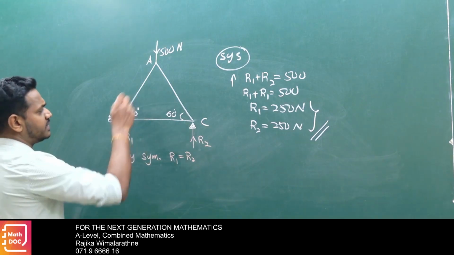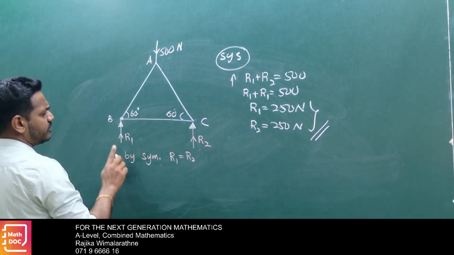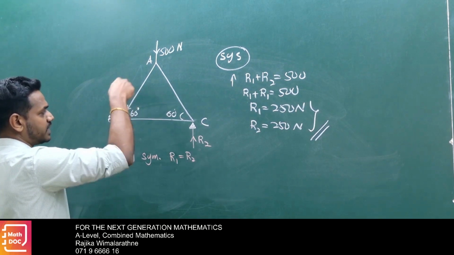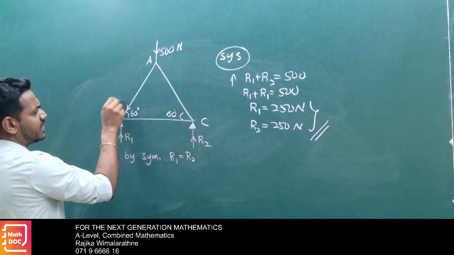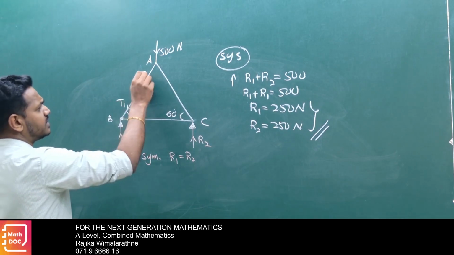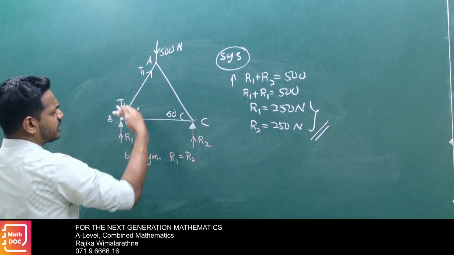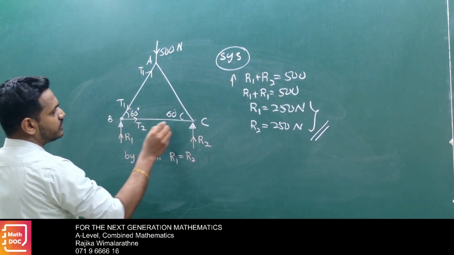Now you consider one vertex. Here the vertically upward force is R1. To cancel that we need a vertically downward force, which can be given by this stress. So you mark the thrust T1 this way. Then for the horizontal component, to cancel that you mark T2.